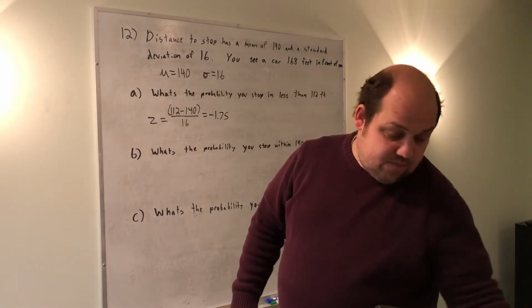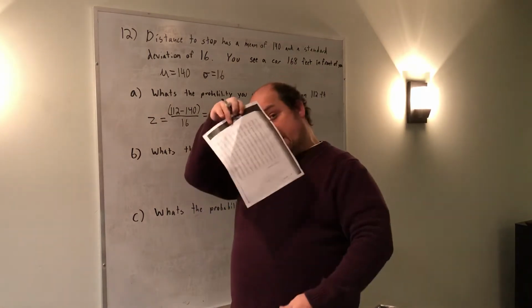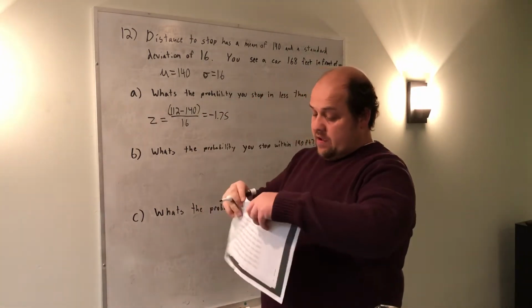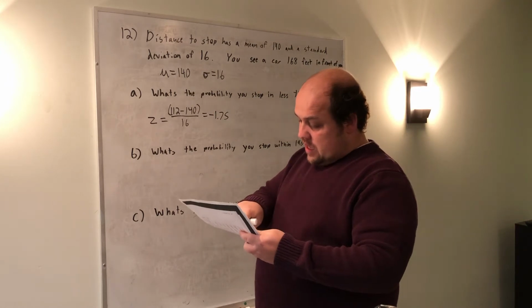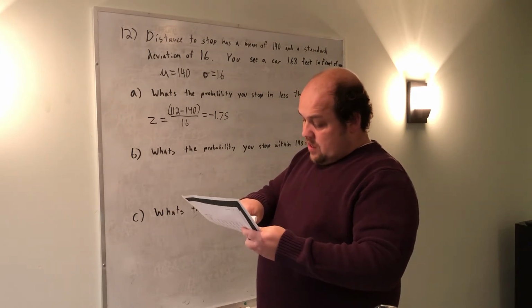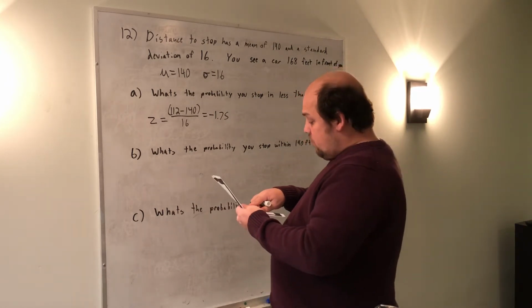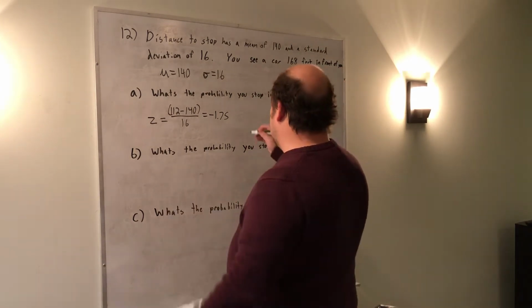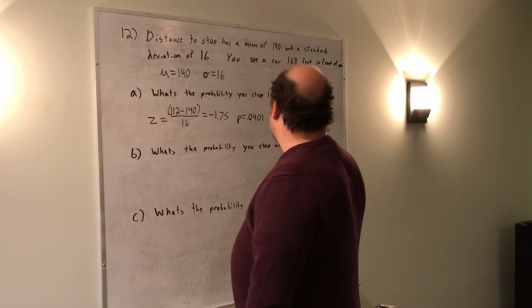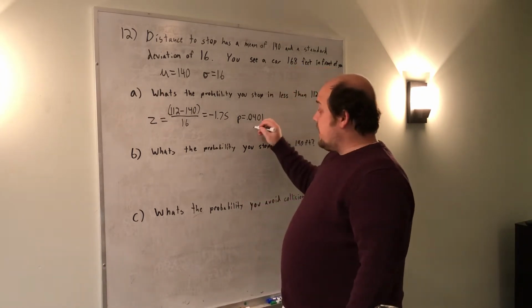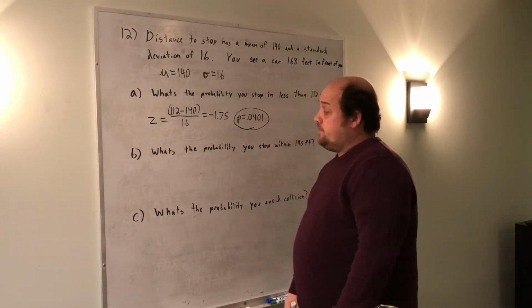I go to my table, make sure I'm on the negative side, go down to the row negative 1.7, across to the column 0.05, and it lines up with a p-value of 0.0401. Because it's less than, I can stop right there, and that is my answer.